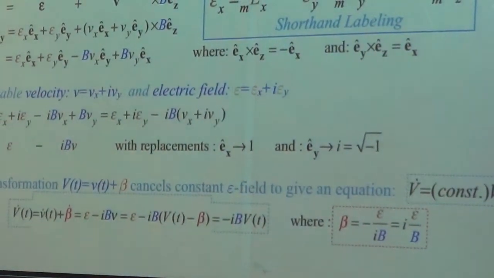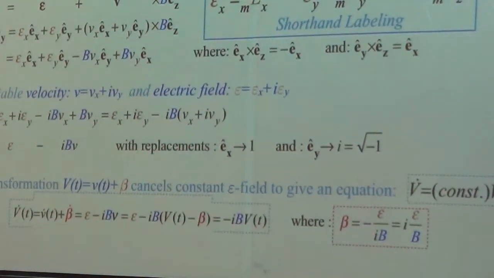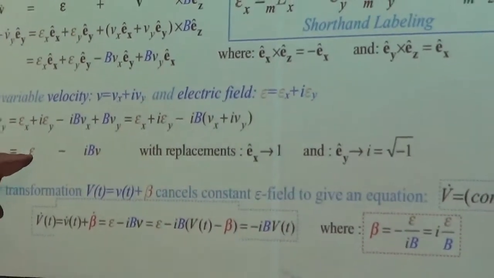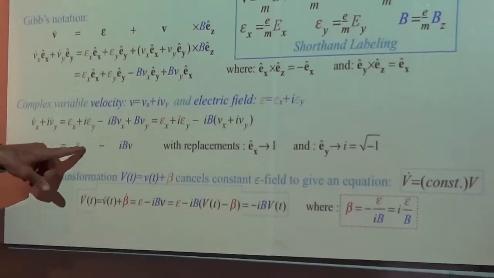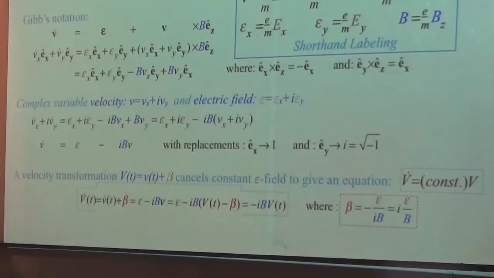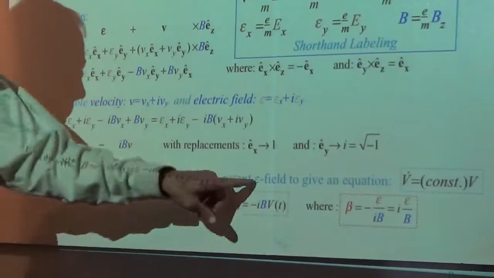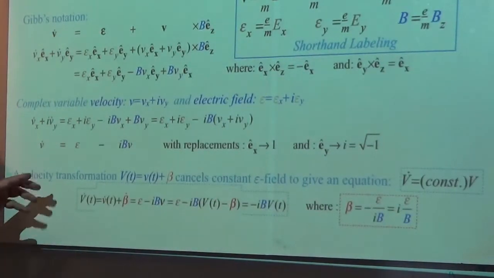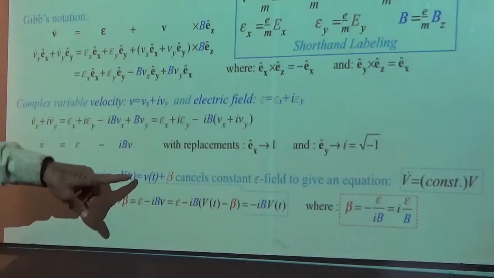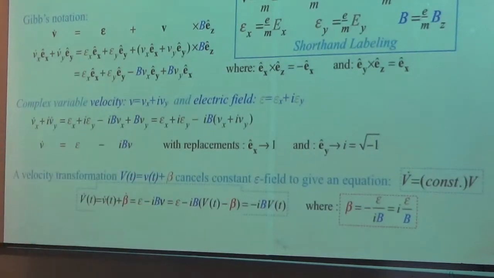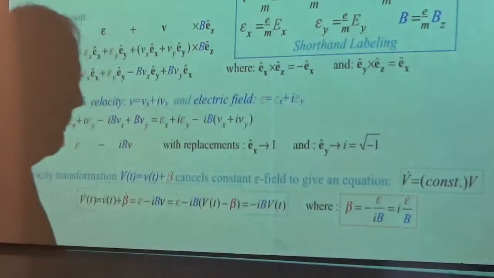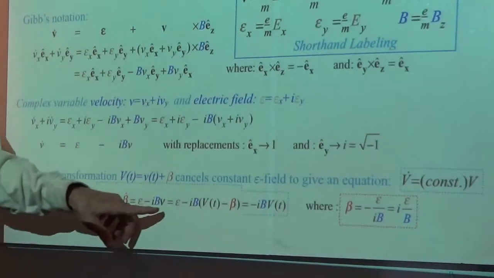Okay? So what we're seeing here is this velocity equals this constant term minus IBV. And what we can do is cancel this out by picking a new velocity that's boosted with respect to this velocity. So this velocity has an extra beta, sort of like a relativistic beta that's been added to it, to literally cancel.